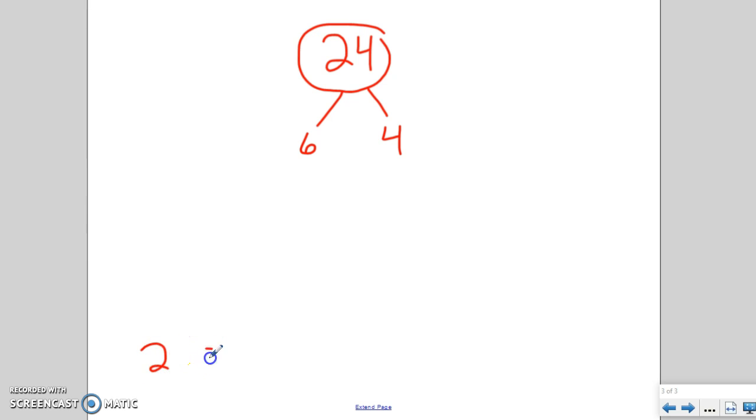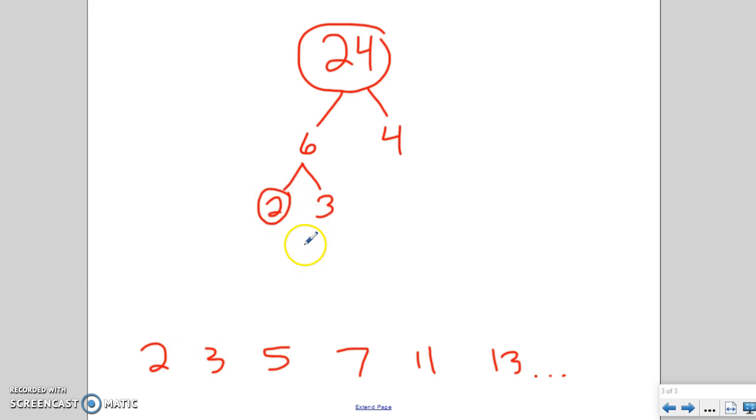My first 6 prime numbers are 2, 3, 5, 7, 11, and 13. And I don't see a 6 or a 4. So my 6 branch is going to have to get branched out again. I know that 2 times 3 is 6. Well, 2 is a prime number, and so is 3, and so both of those branches are done. 4 is also a composite number, so I need to branch that out.